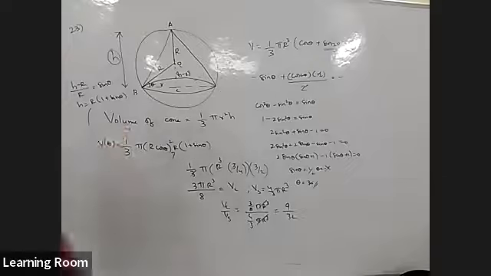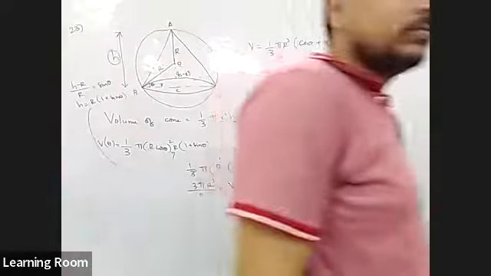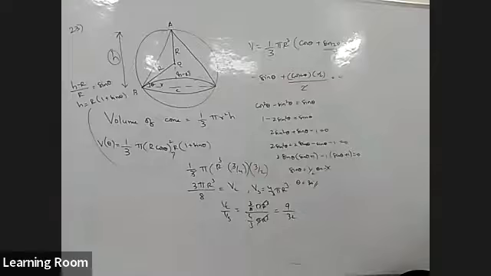So using this method, did anyone get 8 by 27? What is the value of theta you got? Anybody?